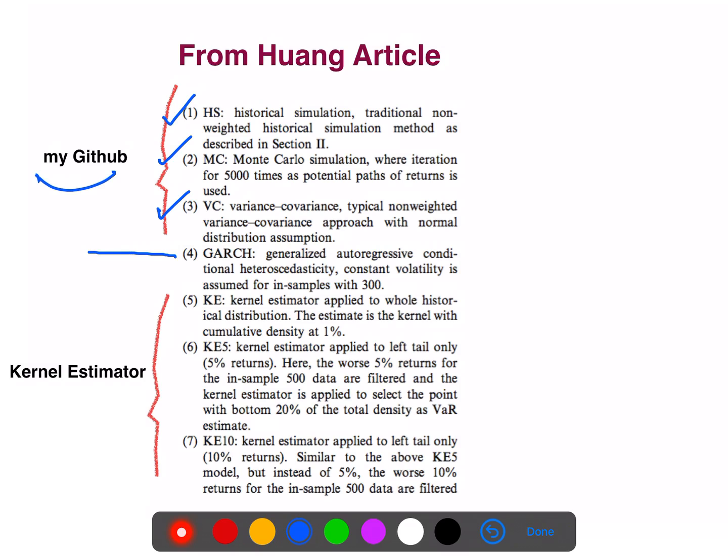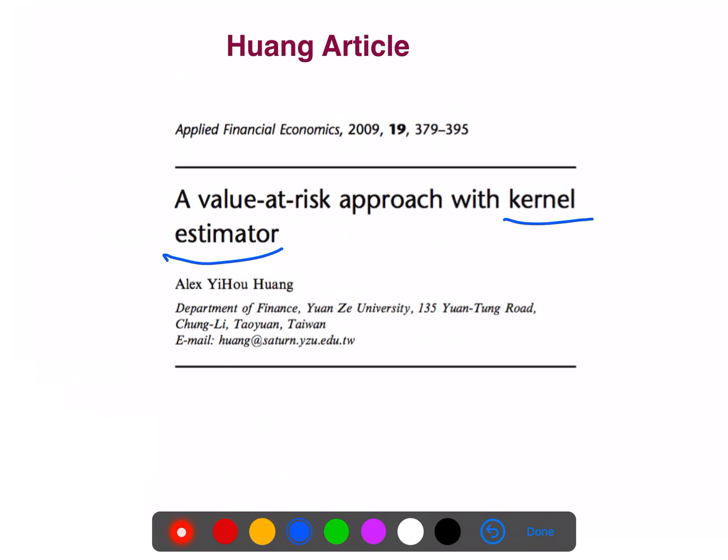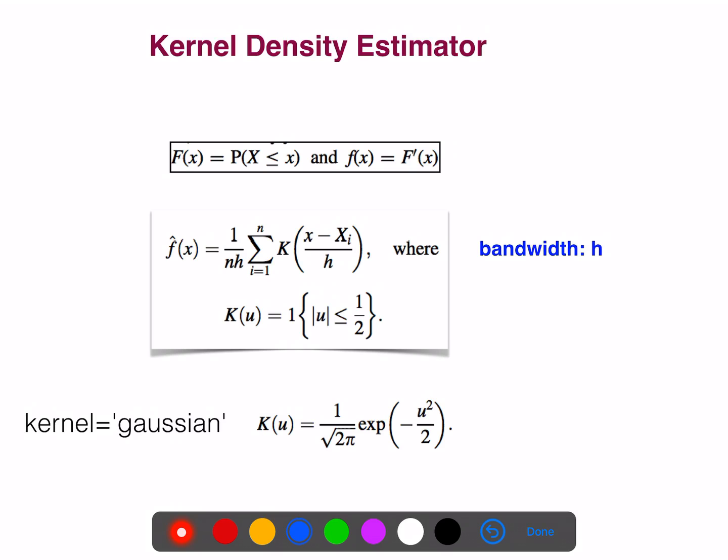And there is another approach which is based on GARCH, Generalized Autoregressive Conditional Heteroscedasticity. And there are other methods like kernel estimation that I just mentioned, which is the Huang approach. So basically, it's just using some kernel density functions, and you approximate it with some kernels.